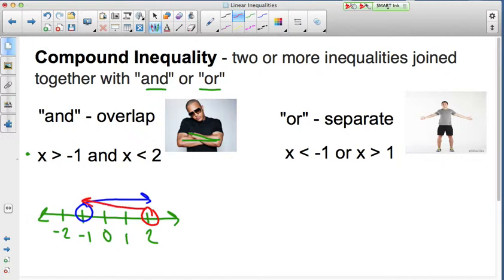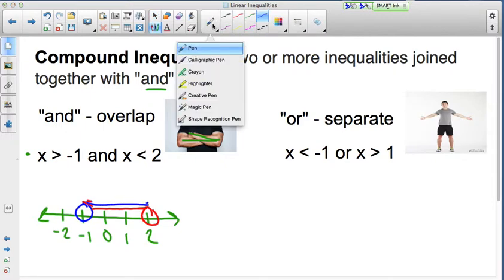Okay? Now, I know that in both directions these inequalities go on forever, but since I'm just talking about this specific set, where x is greater than -1 but less than 2, I really only need to show that these two lines that overlap are all the possible solutions.